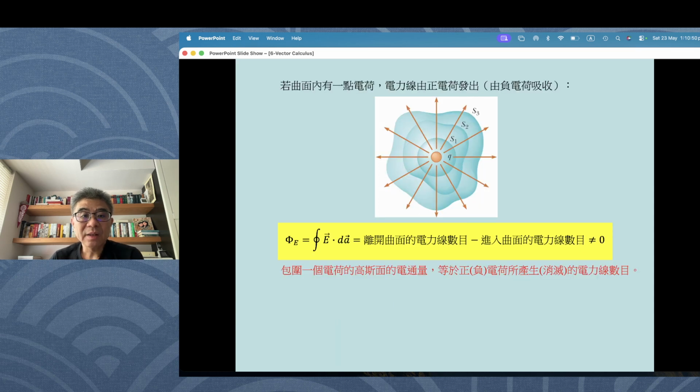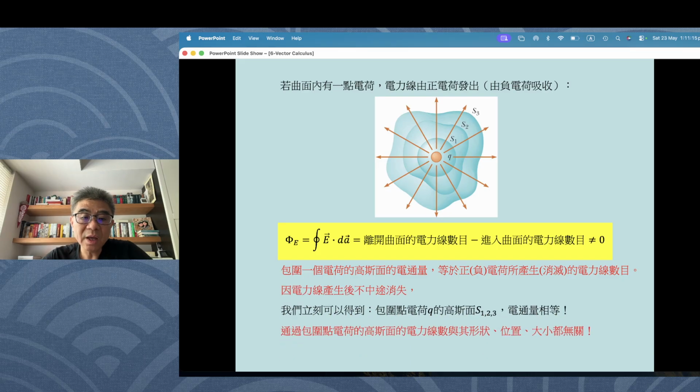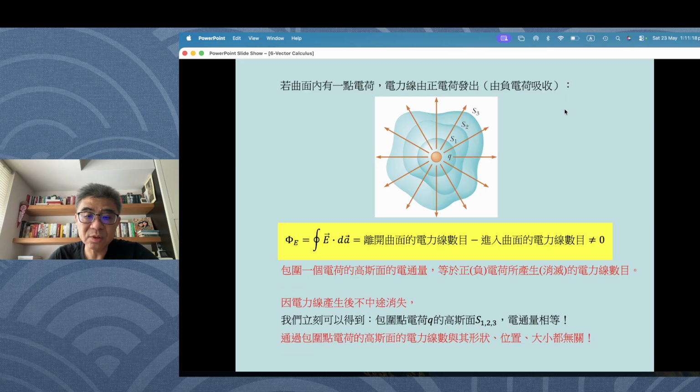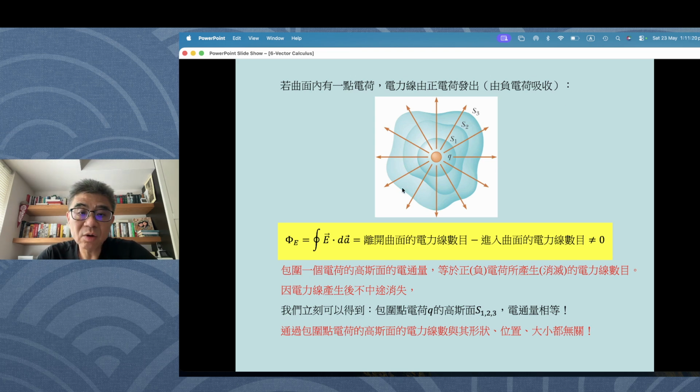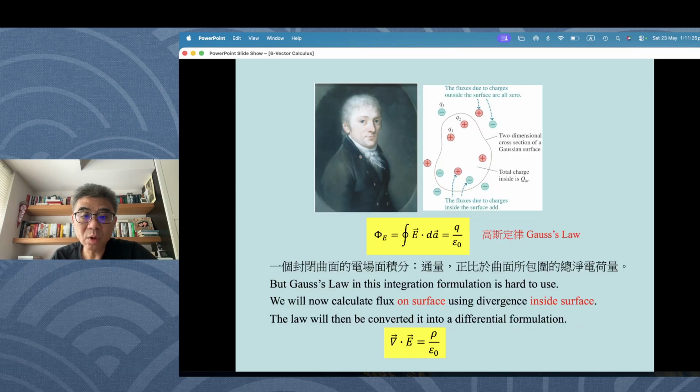Then you may ask, if there is a charge inside the Gaussian surface, what will happen? Now the total flux will not be equal to zero, because electric field lines will be generated inside the Gaussian surface, and therefore more will be leaving the surface than entering it. However, whatever the size of the Gaussian surface, as long as it encircles a charged particle, the flux will be the same.